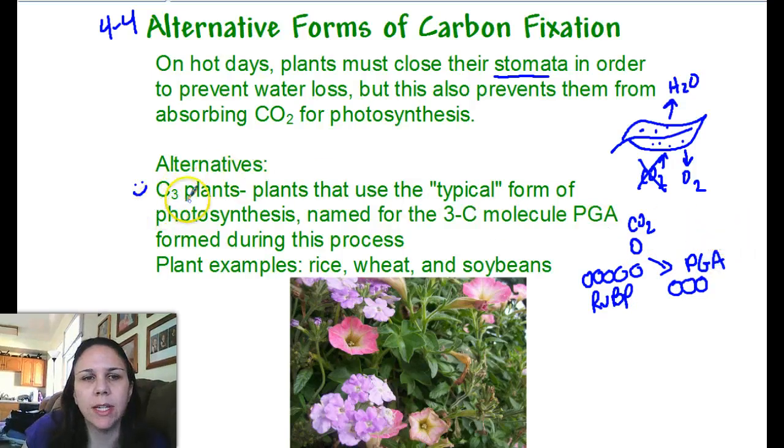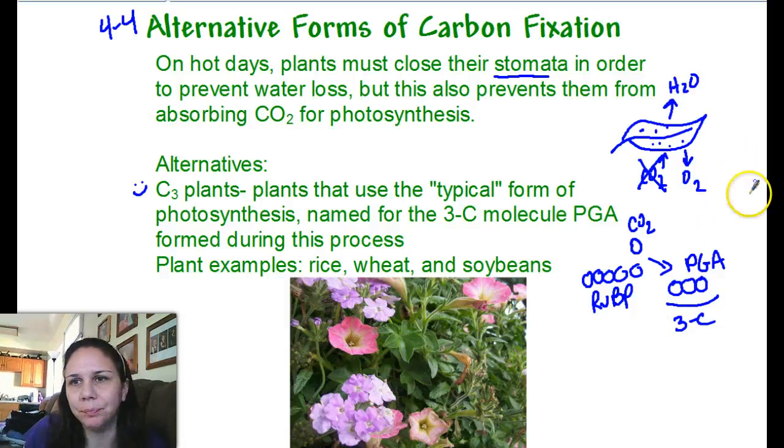So we call this a C3 plant because of the 3 carbons that are made initially during the dark reaction. We call this a typical form of photosynthesis because it makes the 3-carbon PGA during the dark reaction. Some examples of these plants would be rice, wheat, and soybeans, although the majority of plants that we see outside would be considered C3 plants.